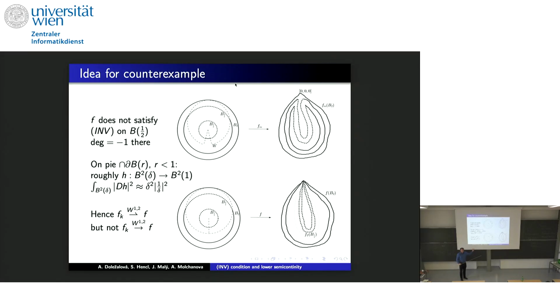Now you have a ball of radius 1/2, again with a full part and a dashed part. The full part is mapped here, the dashed part is mapped here. So again, you see some sort of horseshoe. The horseshoes are nested. It is really easy to imagine that the mapping is a nice homomorphism. Of course, everything is rotated around the axis, even though it doesn't look so. This is my handwriting, sorry for that.